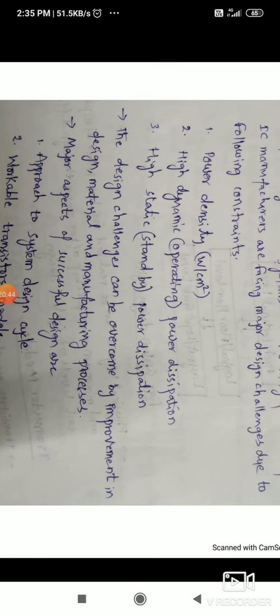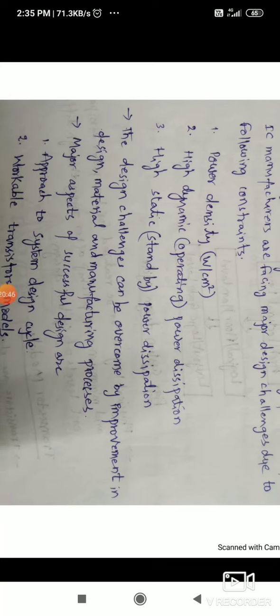The first one is the approach to system design cycle, and the next one is workable transistor models.